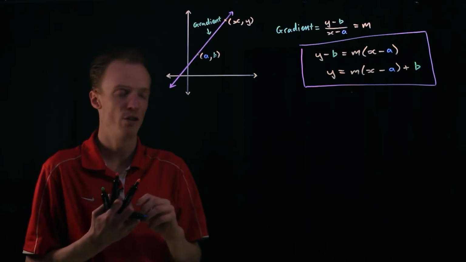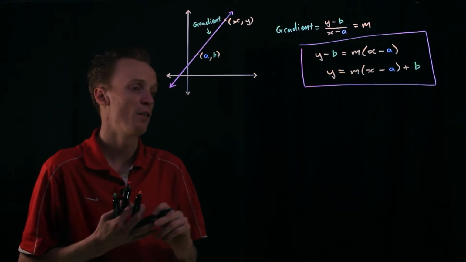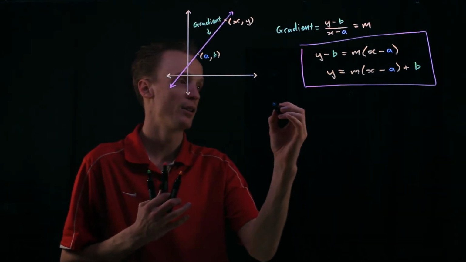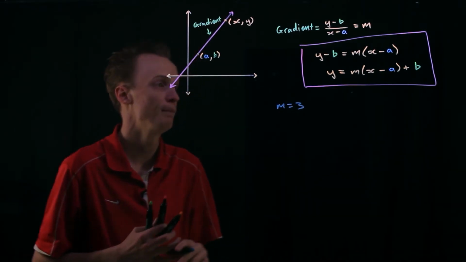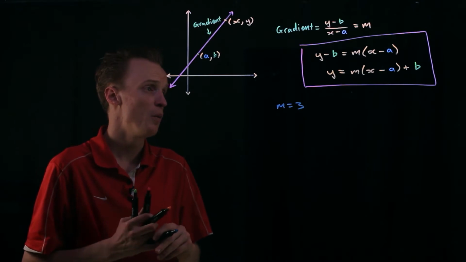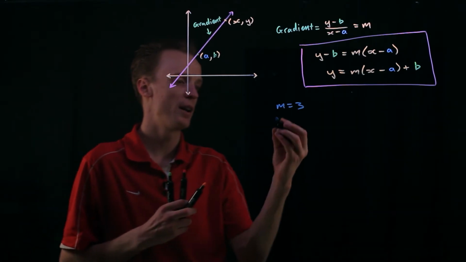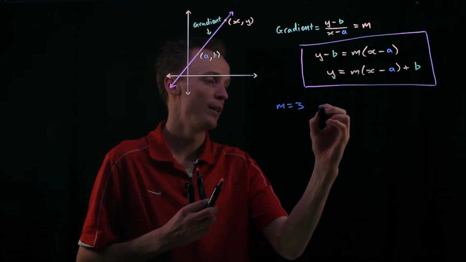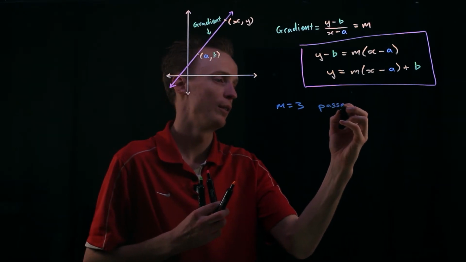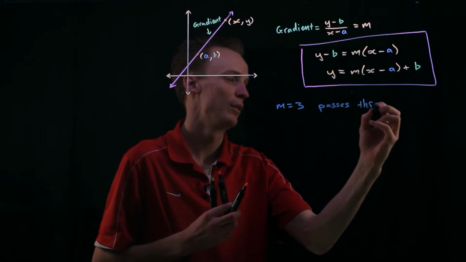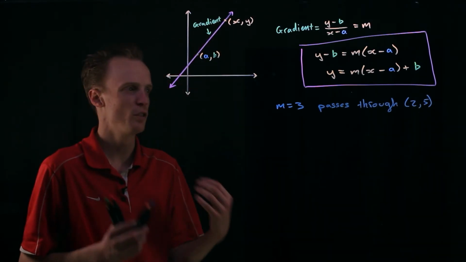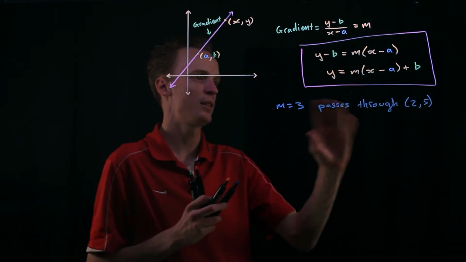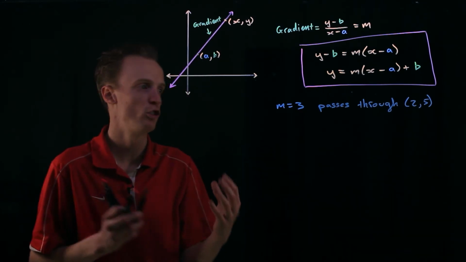So let's say you've got an equation where we know that our slope is 3, so our m is equal to 3, and we know that it passes through 2, 5. What we can do with this is describe the equation of the linear line by just substitution.